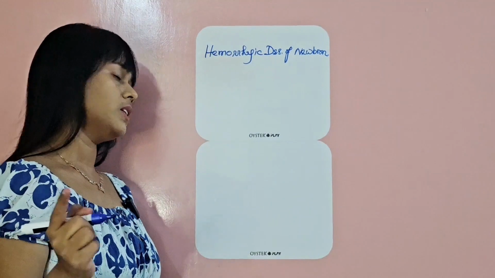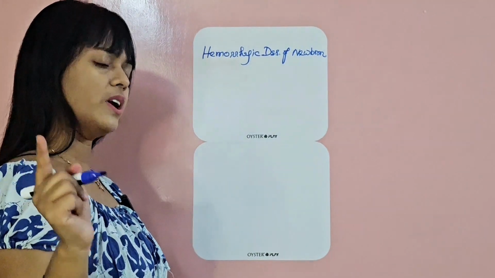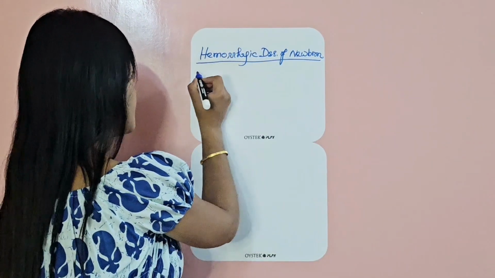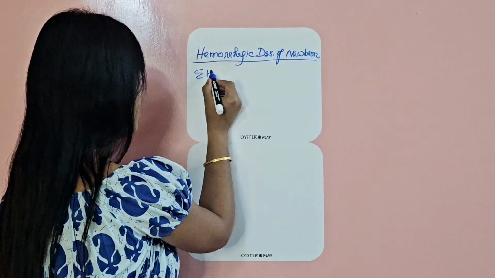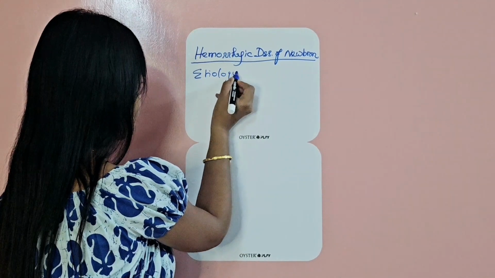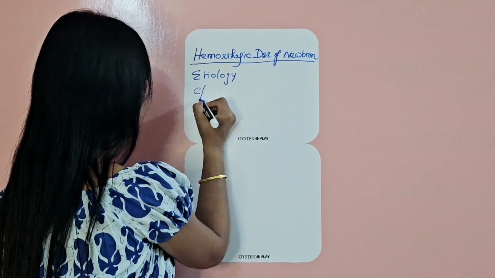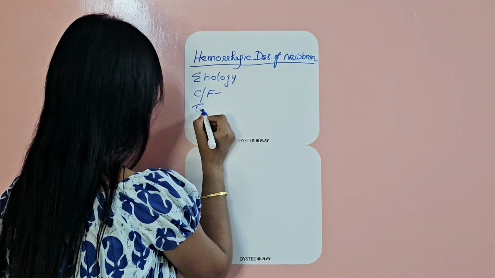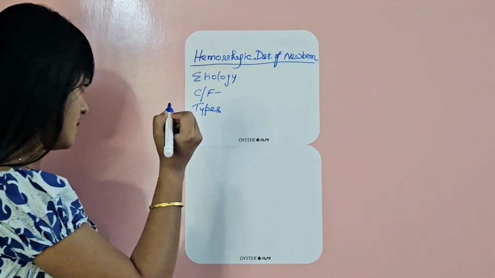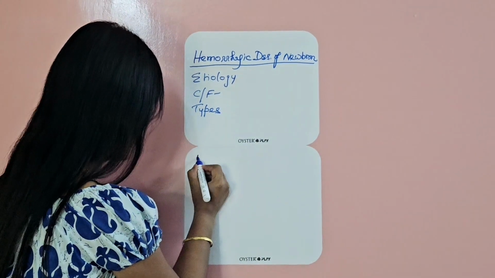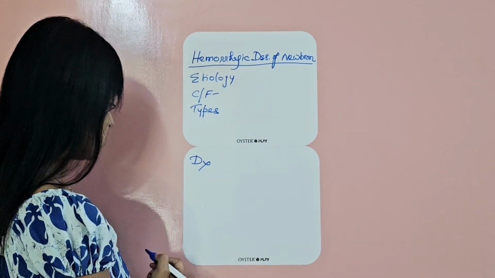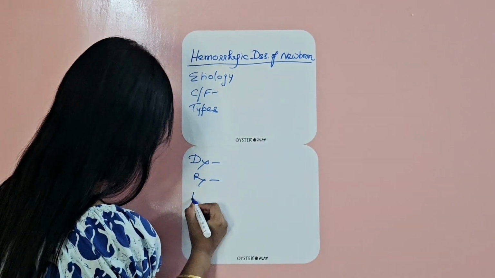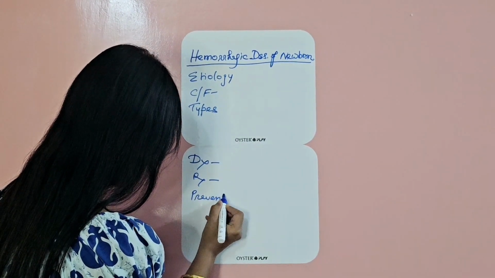When you are asked to write any short note, you just split it into parts: first we will be discussing the etiology, next clinical features, next types, next the diagnosis, treatment and prevention.